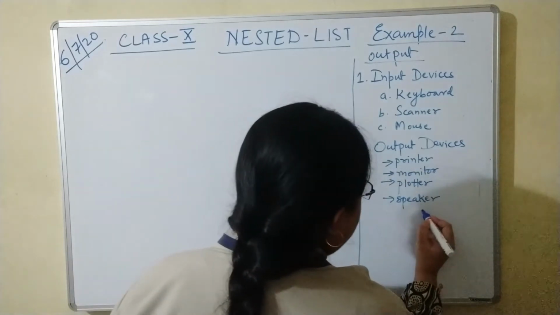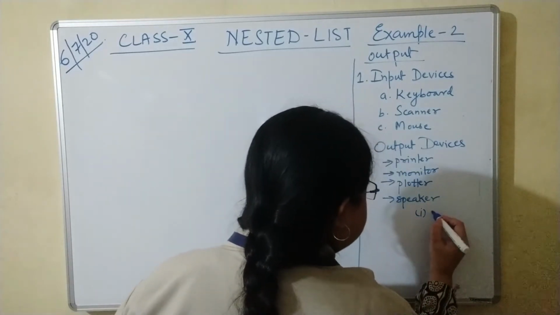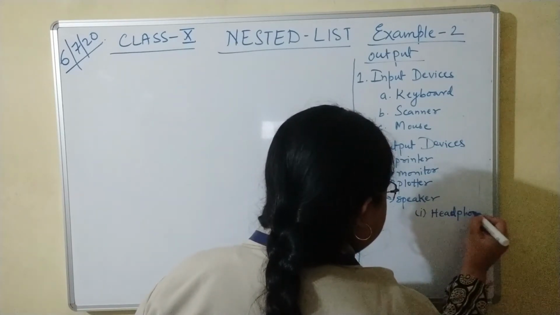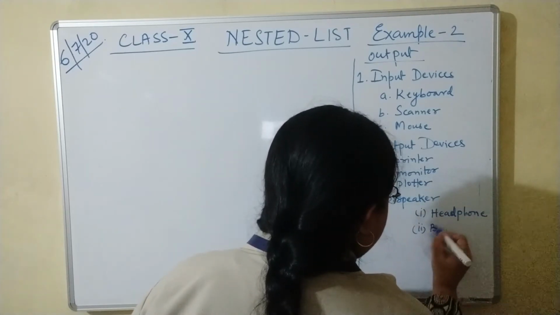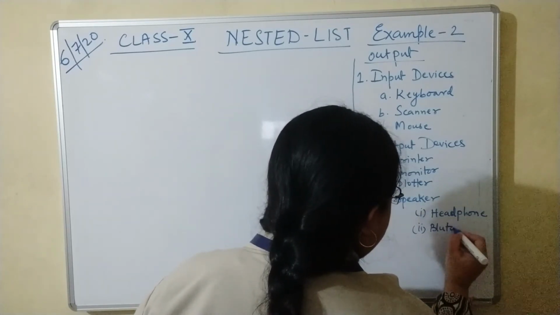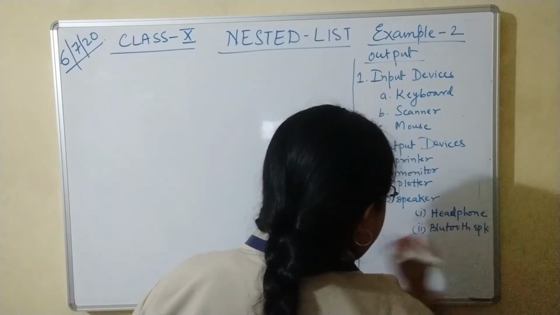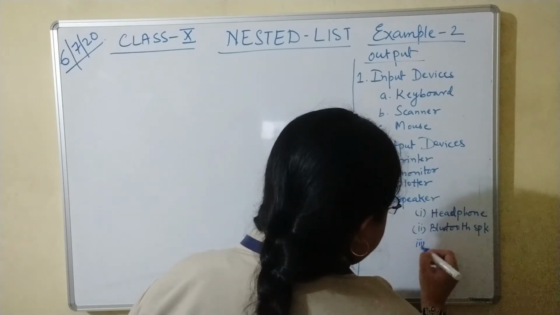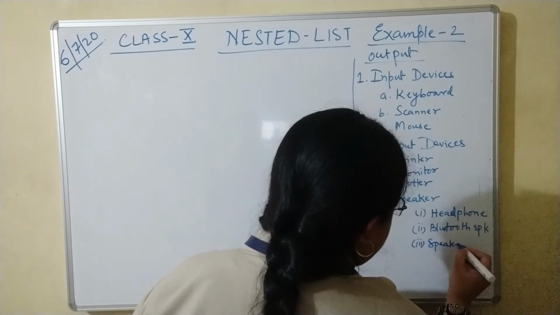Within speakers, I have again a sublist: headphone and Bluetooth speakers, or I can have normal speakers.